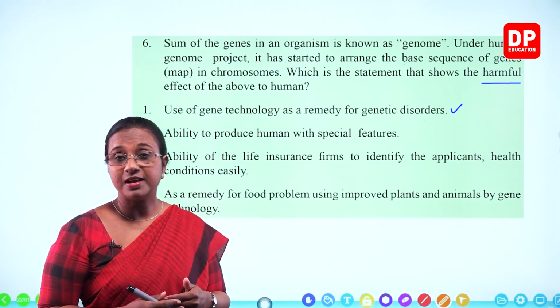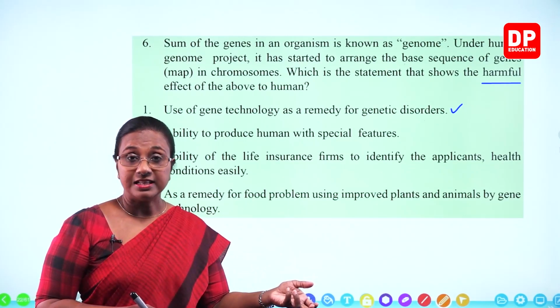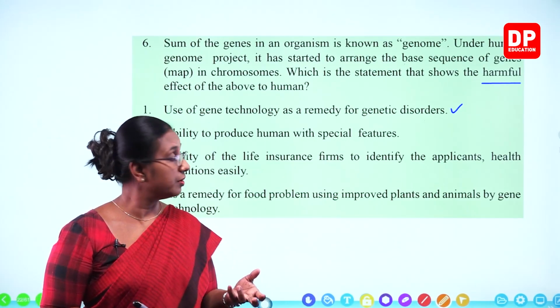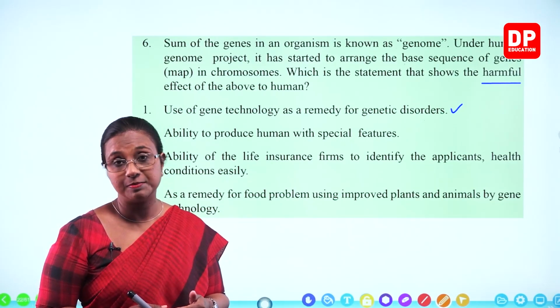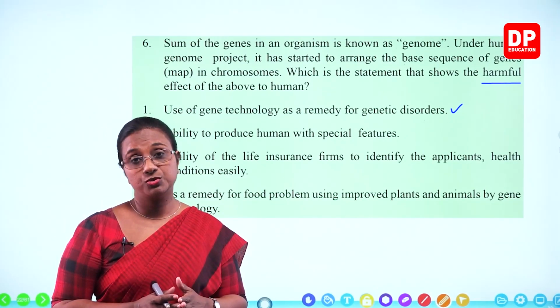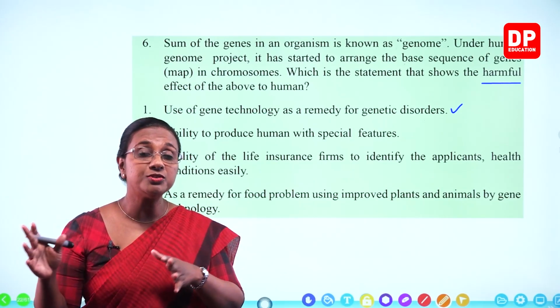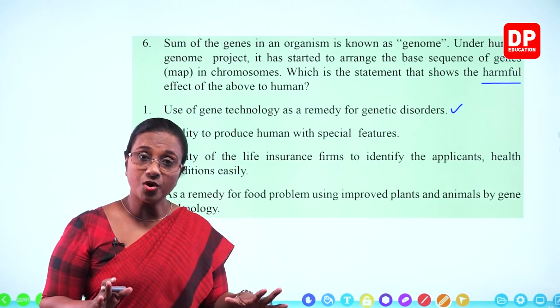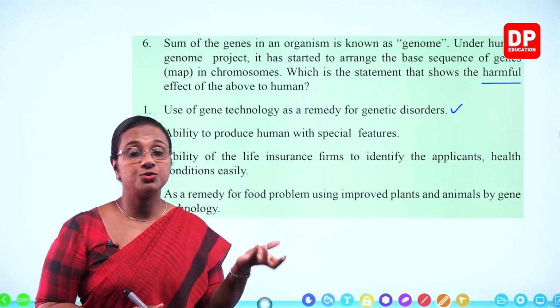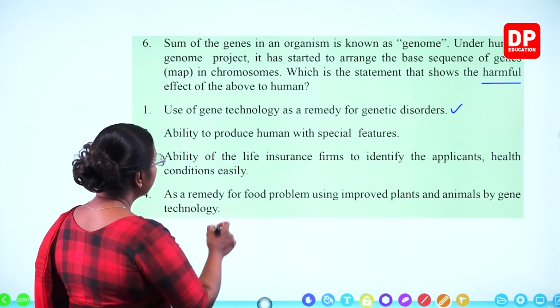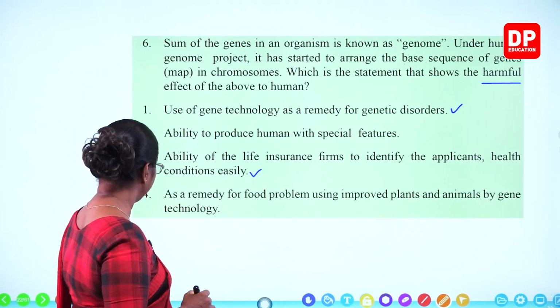You can identify the genes that can lead to disorders or diseases in a person, health conditions in a person. That is useful because there you are not going to change the person. The person is already there. You are just going to identify the problems, health issues related to that person. So that is also a useful effect.